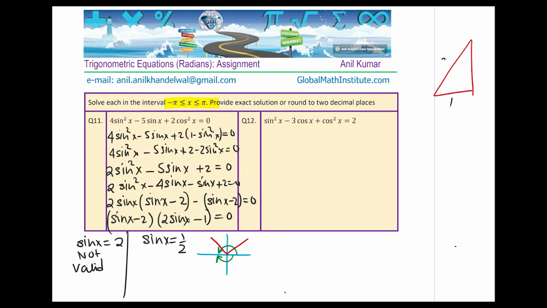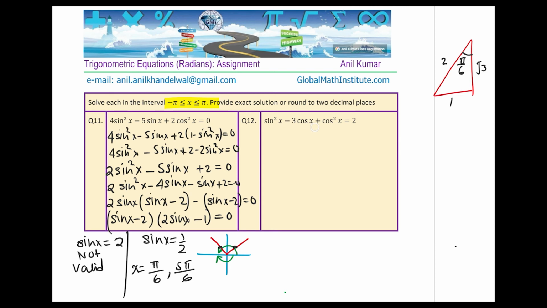We're looking for values of half for sine x. That means pi by 6. So x is equal to pi by 6 and 5 pi by 6. So these are the two solutions for the given equation. Perfect.